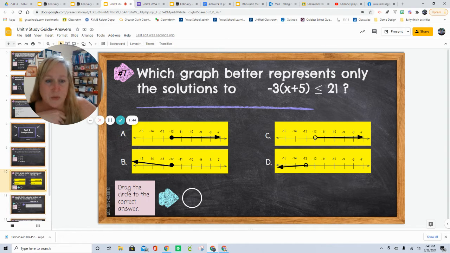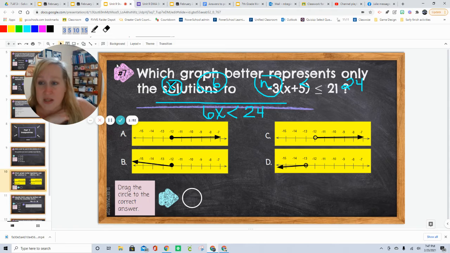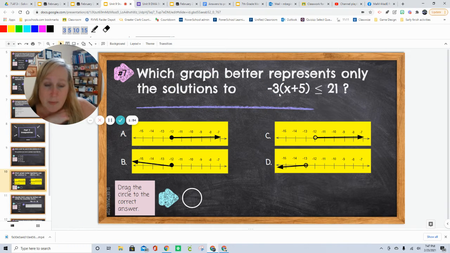Which graph better represents only the solutions to -3 times the quantity x plus 5, less than or equal to 21? You love this part, but it is going to make you distribute first. So it's tying in some of the stuff, like I've warned you, that comes along with it.